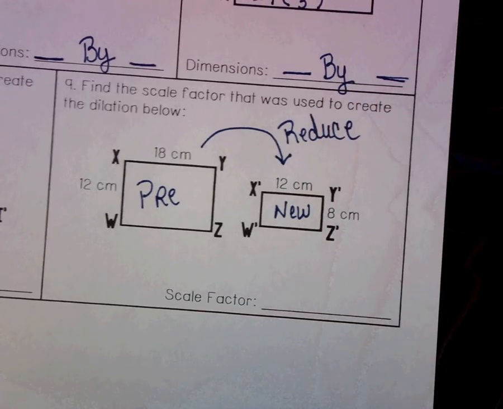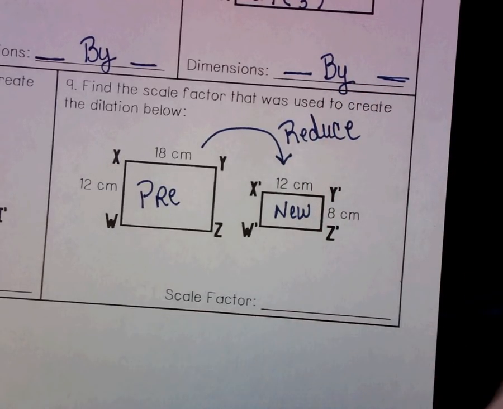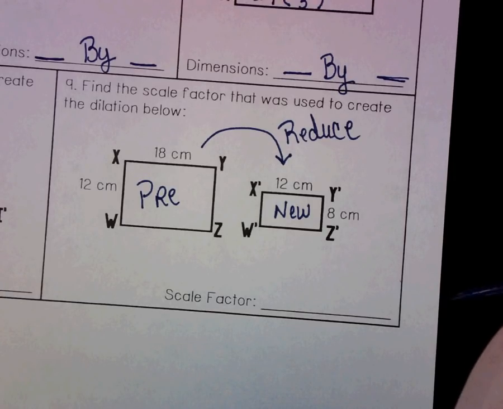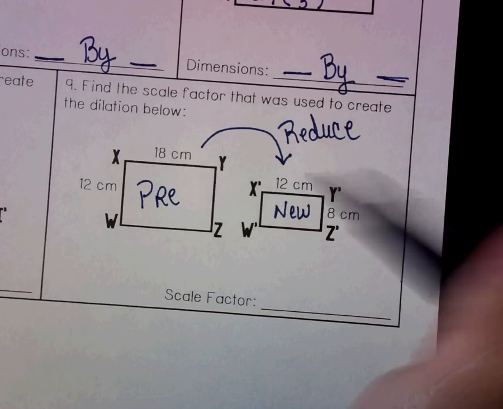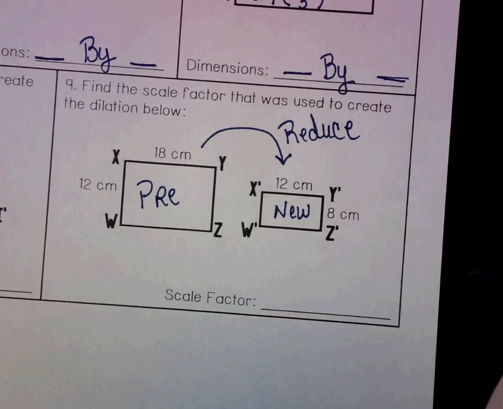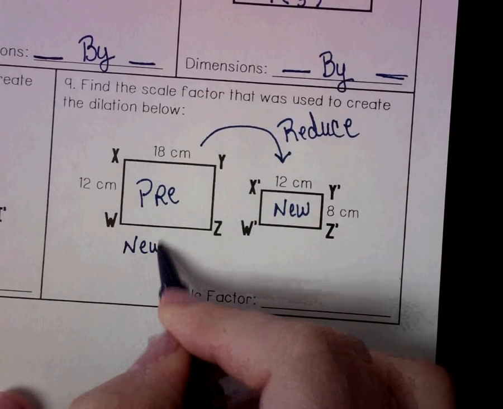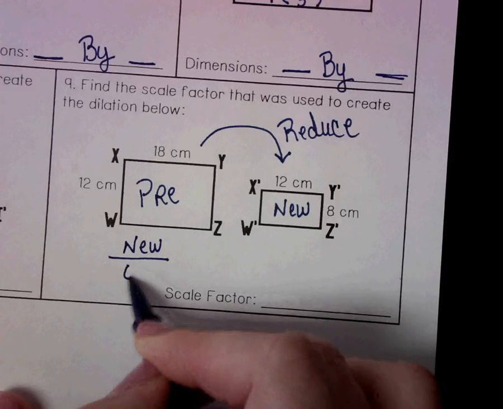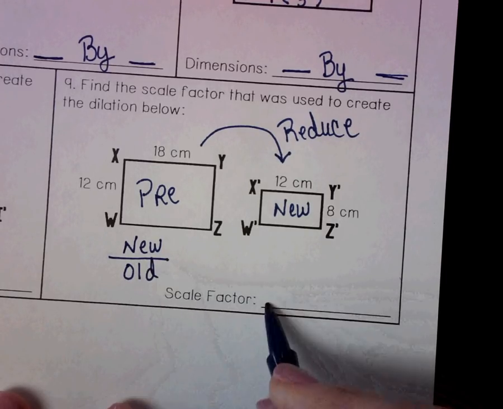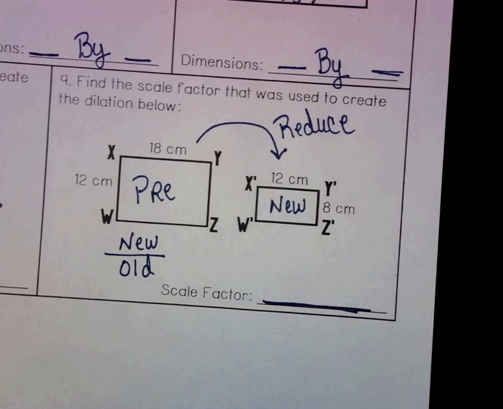So that means when we write our scale factor, it should be less than 1. So I want you to take a minute and see if you can write your scale factors for this one. Remember to put the new corresponding side over the old corresponding side. So you answer that and then raise your hand to have it checked.